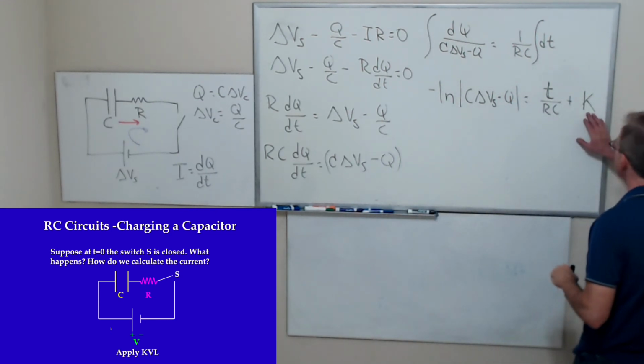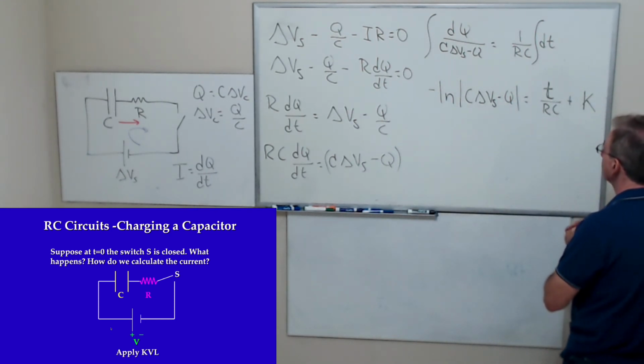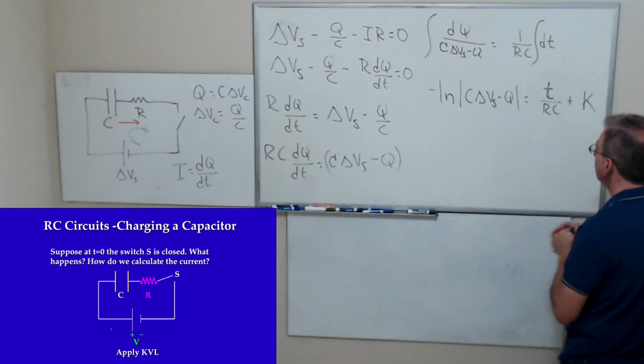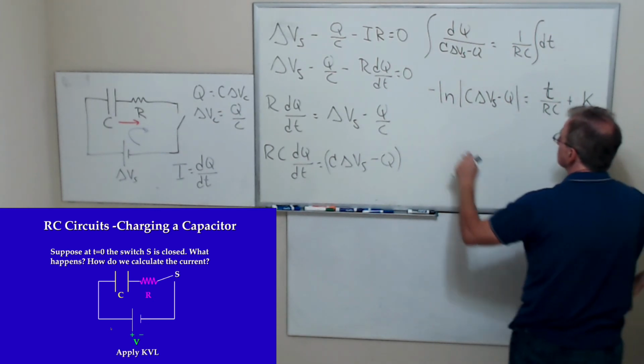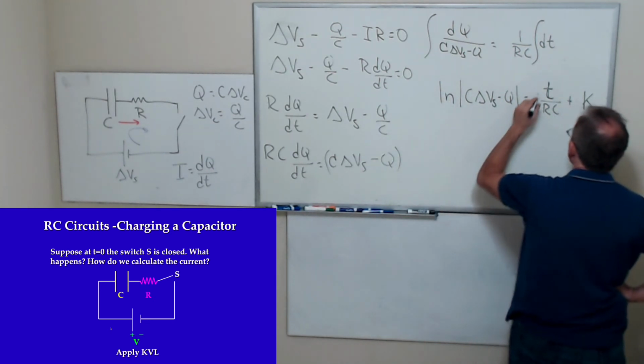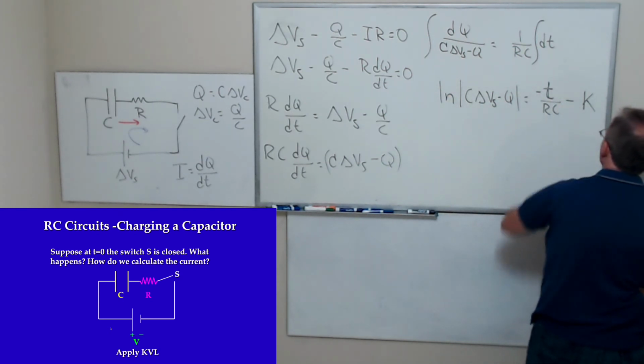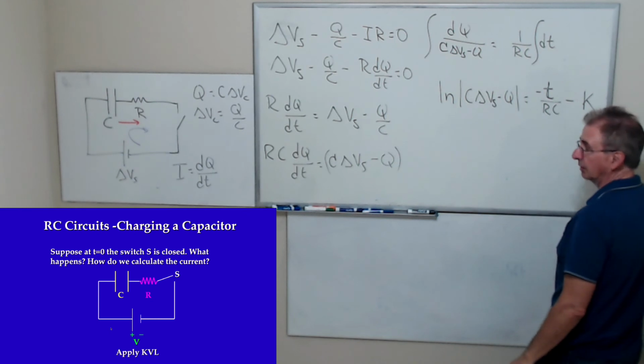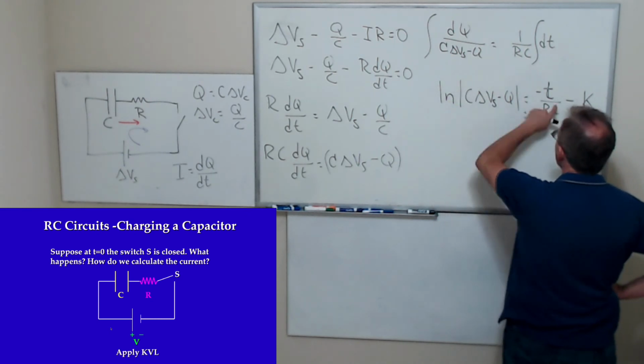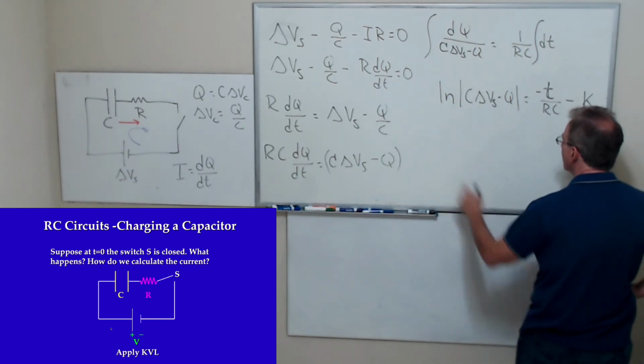And then this is my constant of integration. Let me move the minus sign to the other side. Okay? So I multiply both sides by -1. I didn't want to rewrite everything.